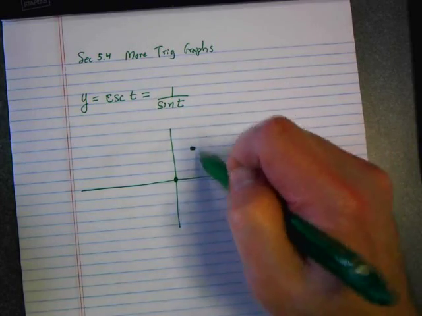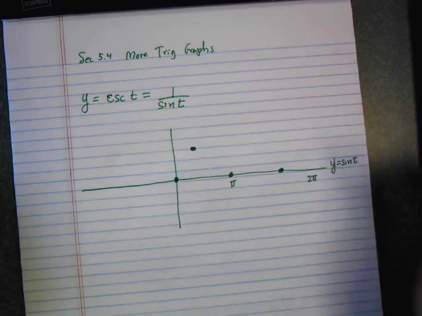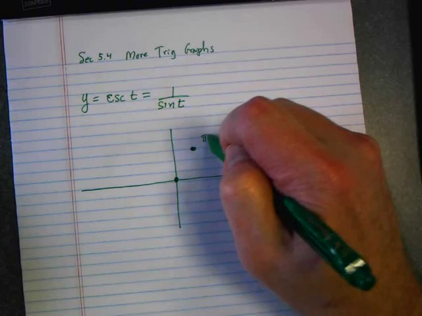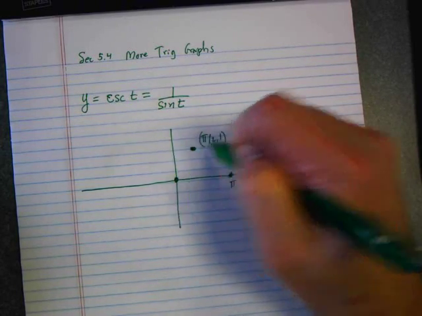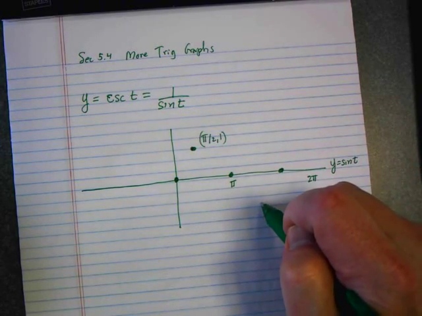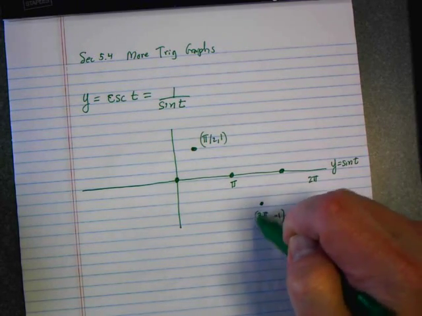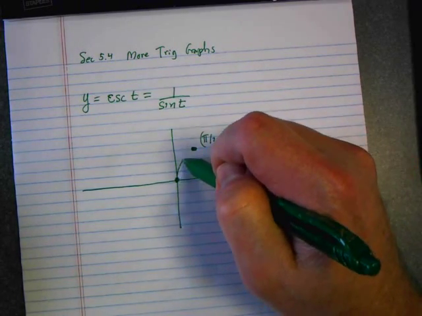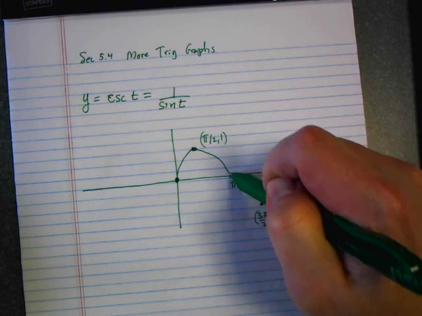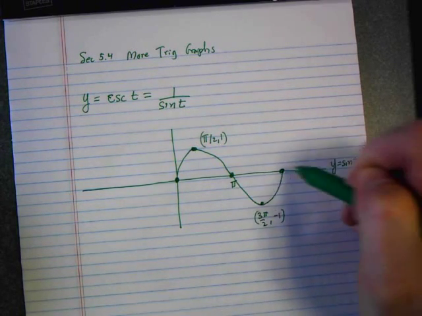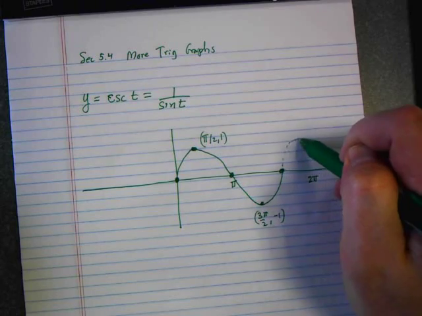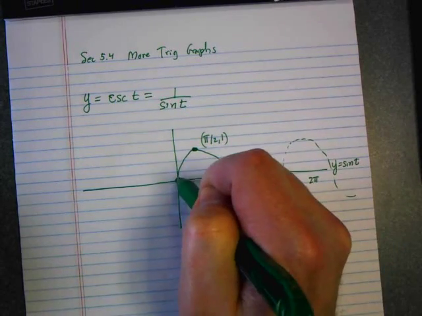And the x value? Pi over 2. 1. And the low value? 3 pi over 2 comma negative 1. All right, so there's the sine wave. And of course it keeps going on and on forever in both directions.